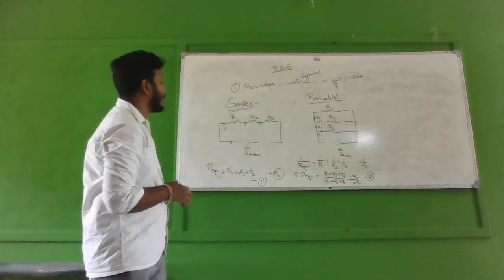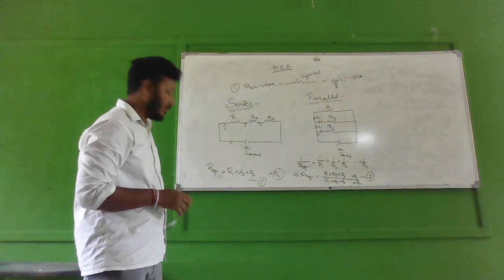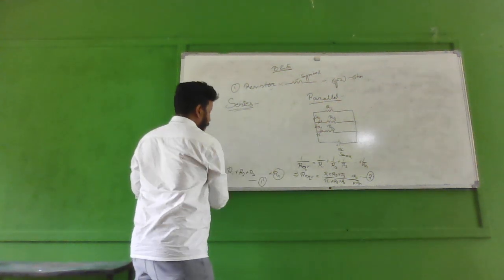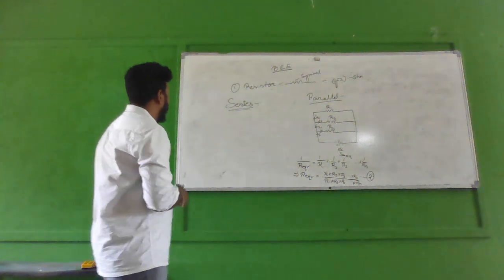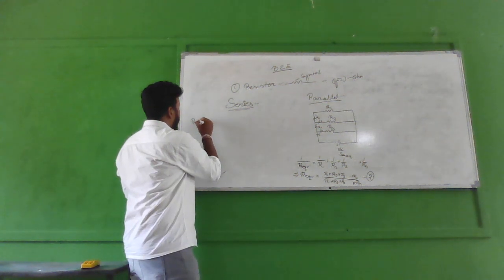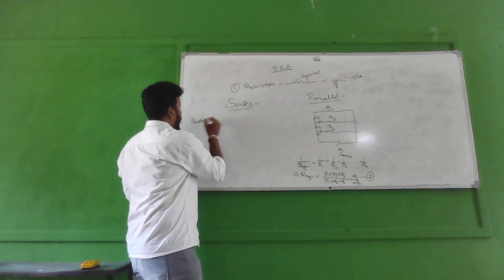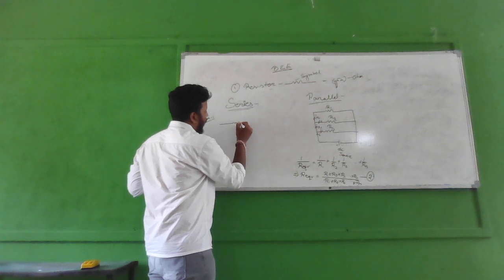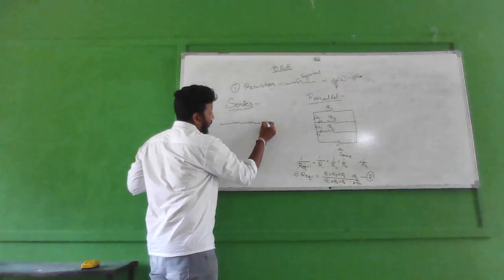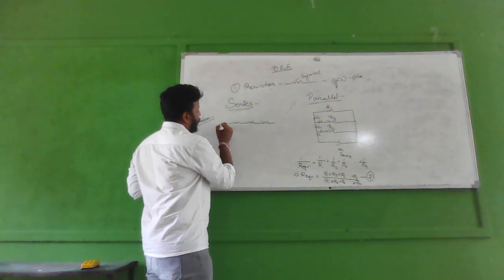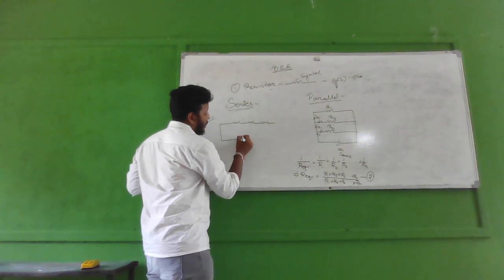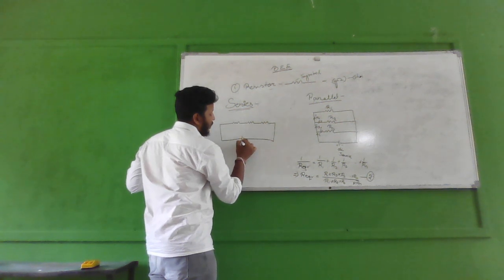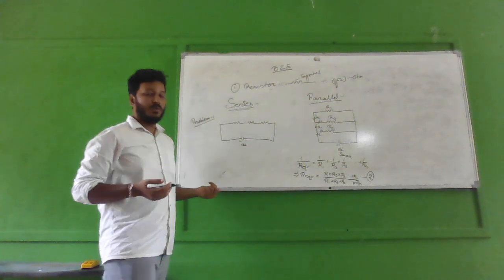Here let's take three resistors connected in series with a DC voltage source, plus and minus.